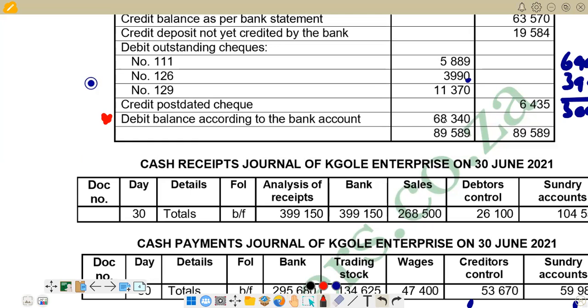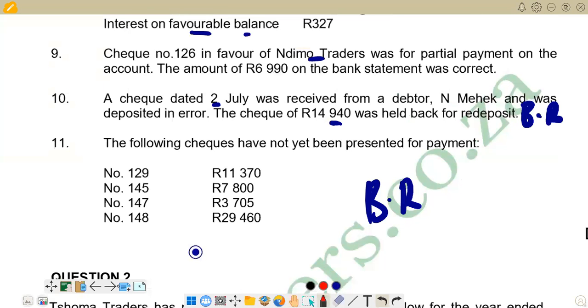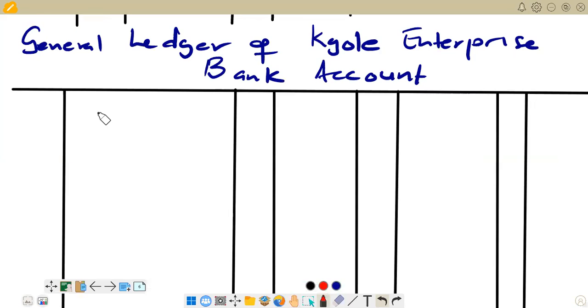So we enter this on the debit side of the bank account as our opening balance, 68,340. So this is the amount that we're having.